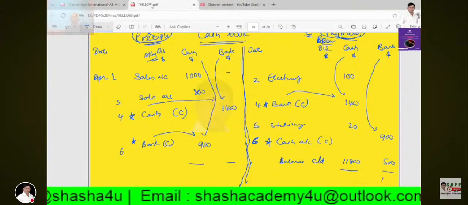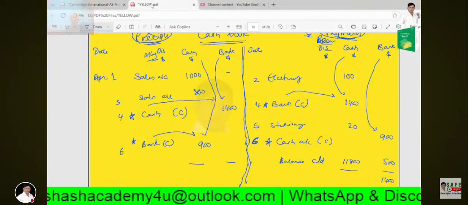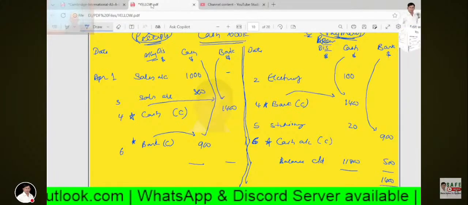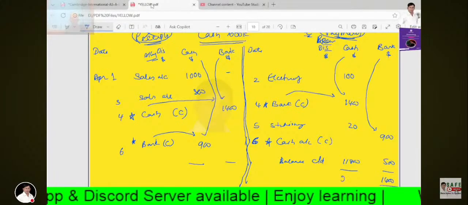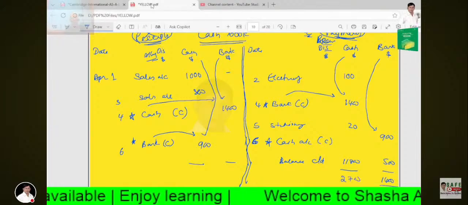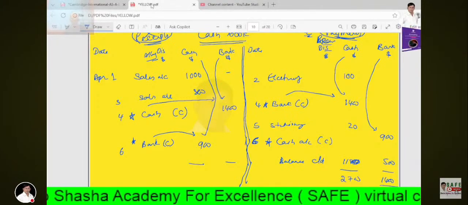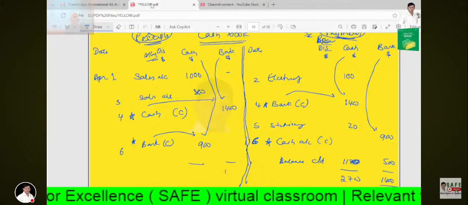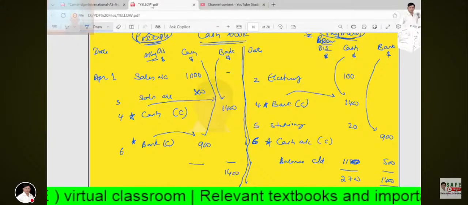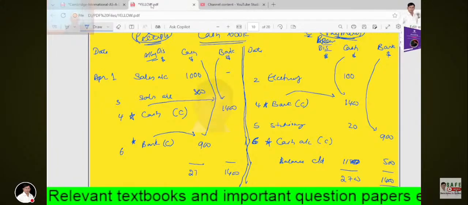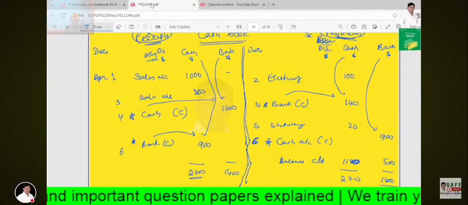So here it is 1400. Here it is 2700. This is 1180. 2700. So here it is 1400. So here it is 2700. Crystal clear.